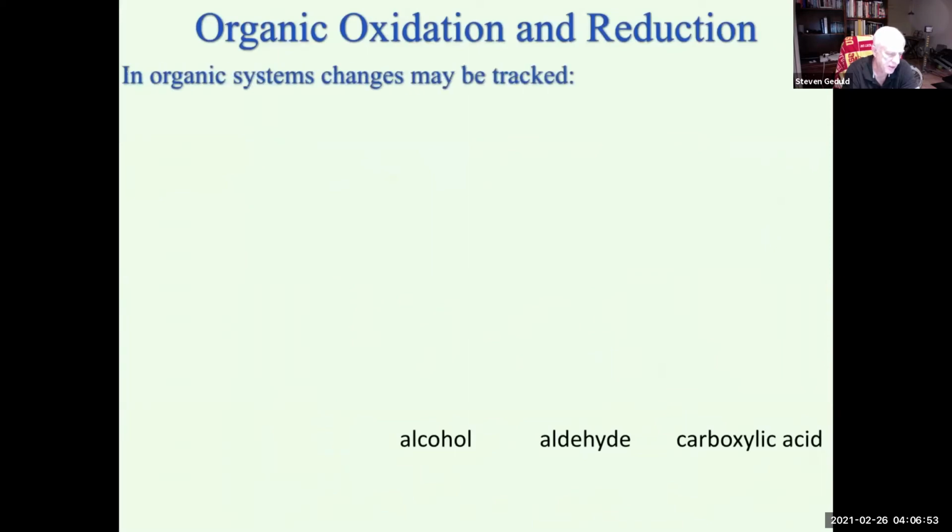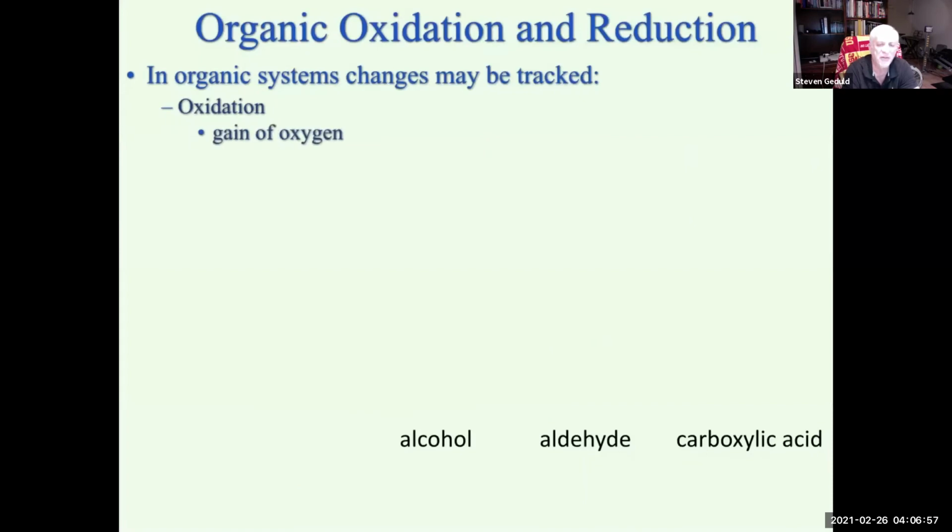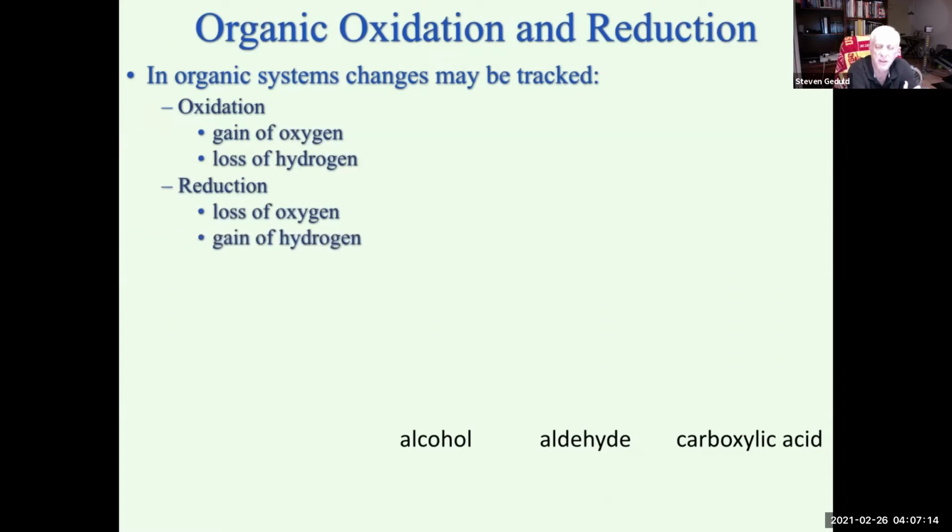organisms. Organic systems, changes may be tracked. Oxidation, gain of oxygen. Okay, it's easier to see in an organic system the gaining of oxygen or the loss of hydrogen. One of those two. Reduction is the gaining of hydrogen or the loss of oxygen. Okay, this is how we follow it in organic systems.